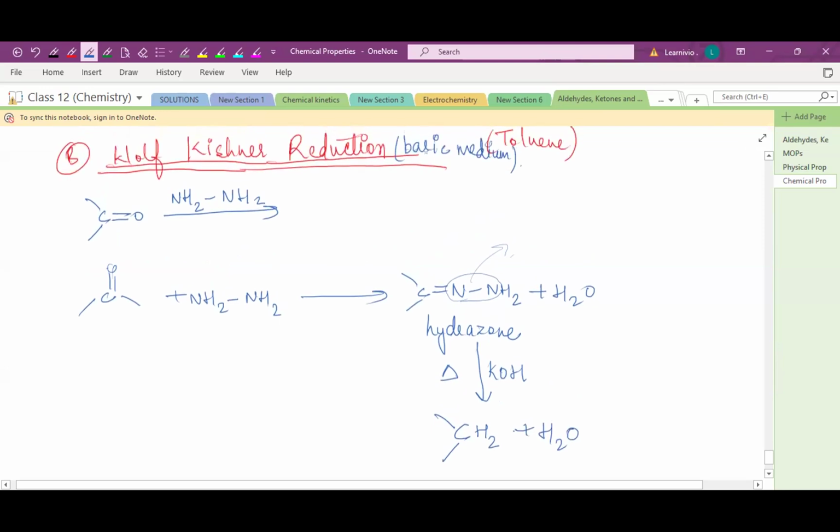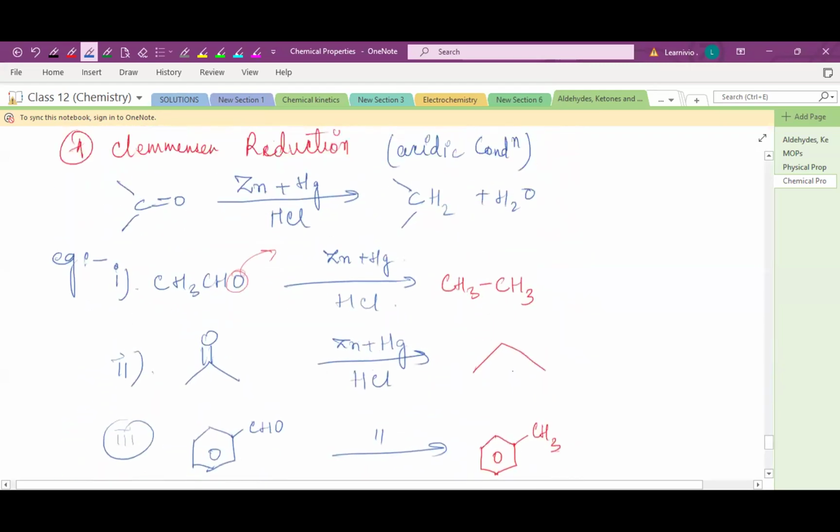So that is the Wolff-Kishner reduction: the process in which the carbonyl group is converted to the corresponding alkane in the presence of hydrazine in basic medium.